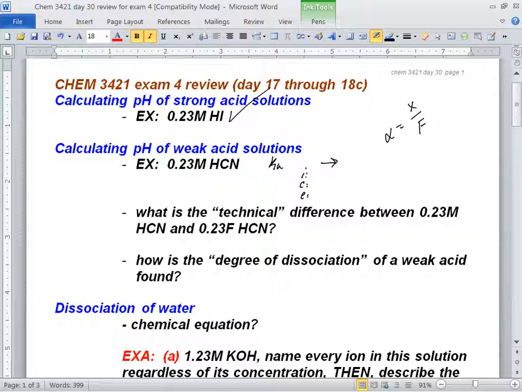Right? What is the technical difference, Danielle, between 0.23 molar HCN and 0.23 F HCN? What's the difference? Gloriana, what's the difference?